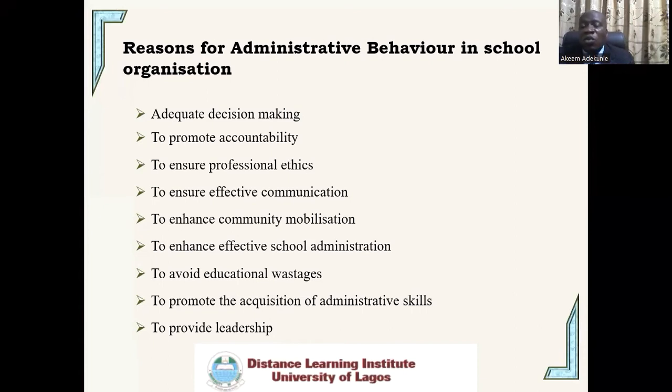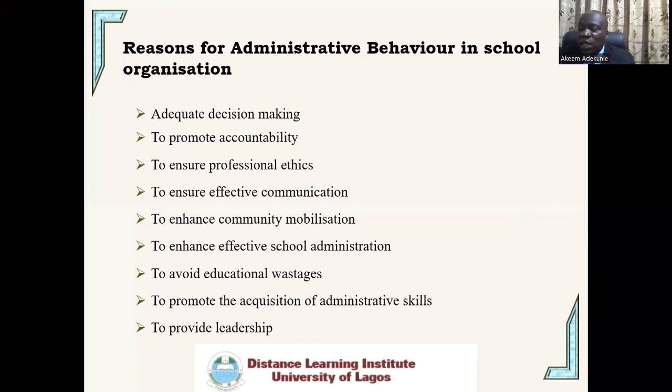Administrative behavior will also help to enhance the smooth running of the operation of the school system. The day-to-day running of the affairs of the school will be enhanced with administrative behavior in the school organization. Administrative behavior also helps to avoid educational wastages.